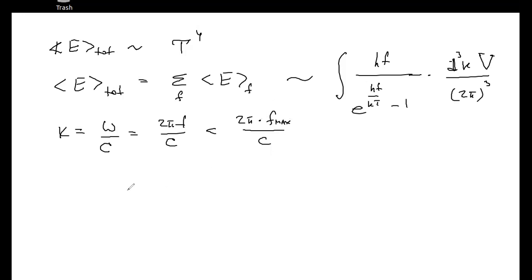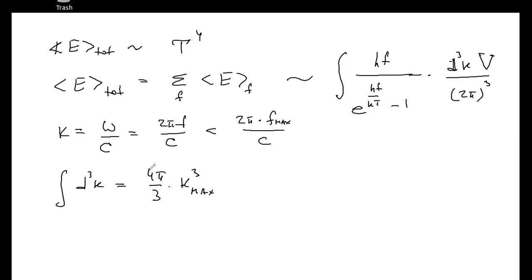Would it be obvious for you if I tell you that when you integrate over d3k, you're gonna get something like a volume in this k space, like 4 pi over 3 k max cube? How obvious is this?